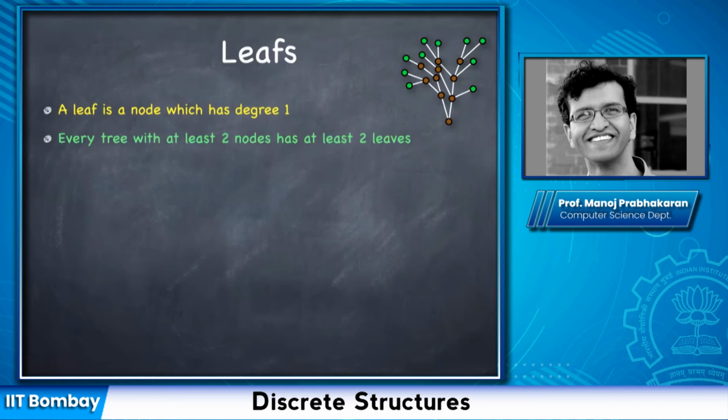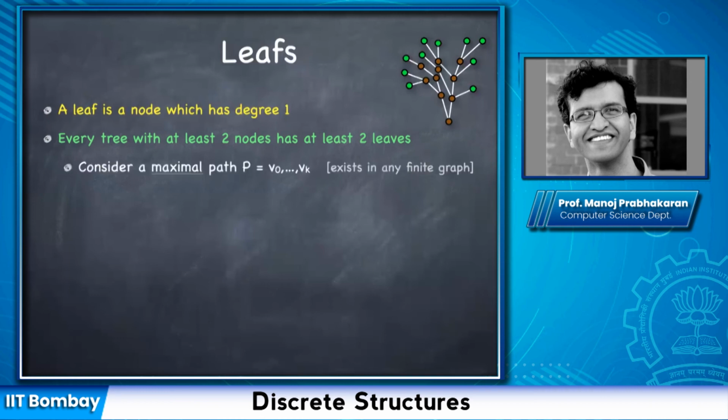I claim here that every tree with at least 2 nodes has at least 2 leaves. If I don't insist on 2 nodes, there is a counterexample, a tree with a single node. It is a valid tree, it's acyclic, it's connected, but it has no leaves. It has a node of degree 0, it has no nodes of degree 1. So that would be an exception. But if the tree has at least 2 nodes, then I'm claiming that it has at least 2 leaves. So why is that?